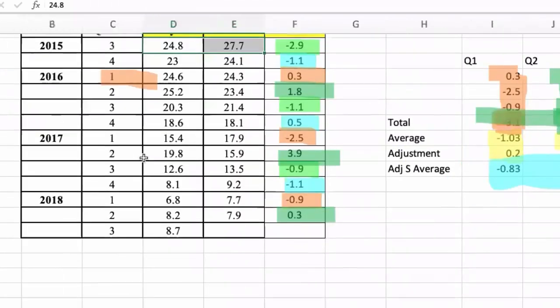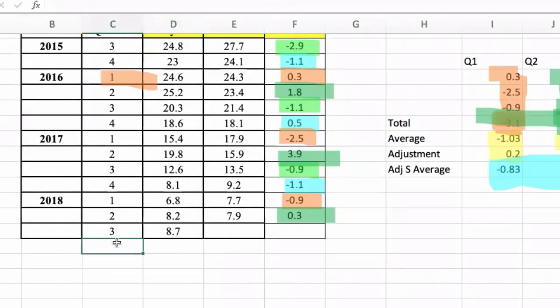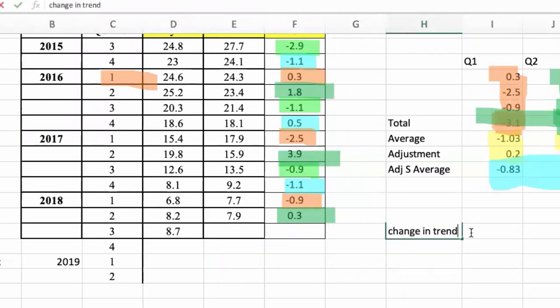I'm just going to use this table here. I'm going to complete quarter 4, and then 1, 2 for 2019. So what I'm doing here is the forecast. Because I don't have a figure here, I need to make the adjustment. The change in the trend we found was minus 1.8 on 6.1.